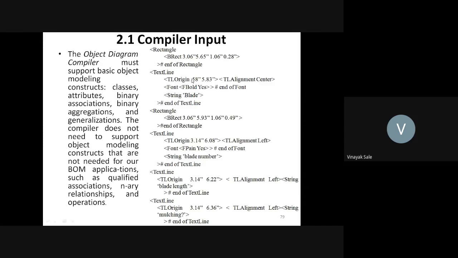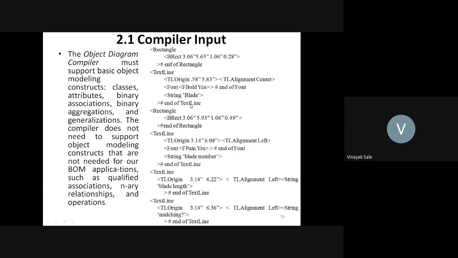This is the start of origin, end of origin, start of alignment, end of alignment. Then what is the type of font? Start of font. Suppose I require bold font, F bold, yes. Then end of font. Then the string is blade, and this is the end of the text line.